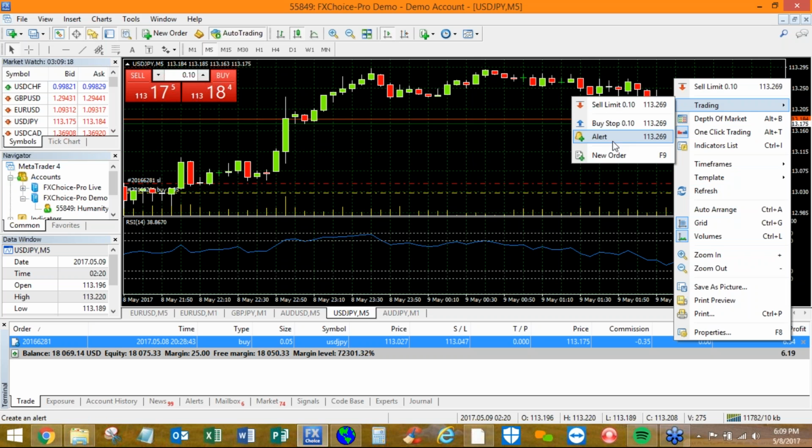Sorry, trading and alert. So under trading, and then a little arrow that goes aside kicks out this window, you have alerts. So at 113.269, I can give myself an alert, and you can move it further up if you'd like. What the alert does is it gives me a signal saying, hey, it's reached this point.